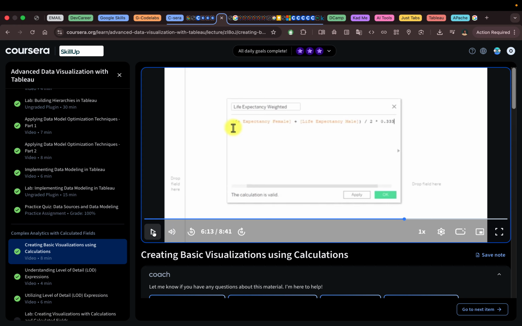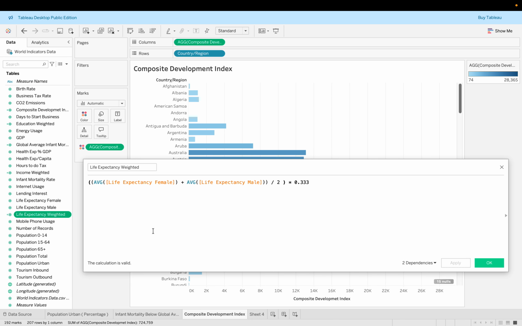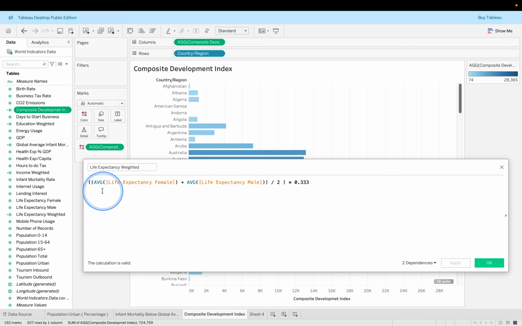That's what I had as a guide, but on putting it together, I found out that we had not put on the average, and I was getting an error for my own composite development index. So I had to bring in averages, and that solved the problem, and I could get my visualization out.